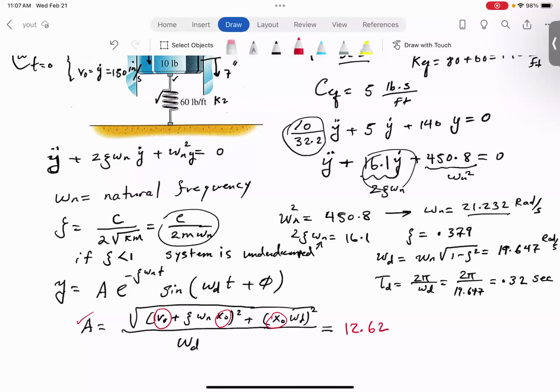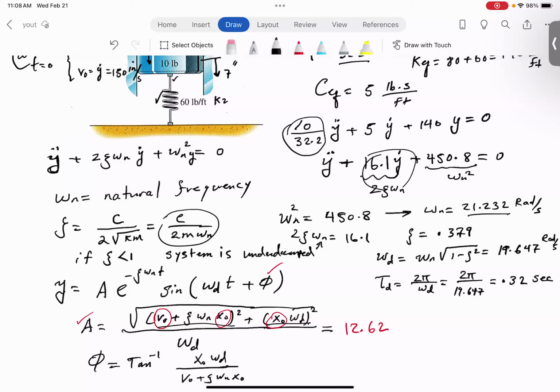All right. And similarly, this phase angle could be shown to be the inverse tan of x0 omega d in the numerator, basically this term divided by this term, v0 plus zeta omega n x0.